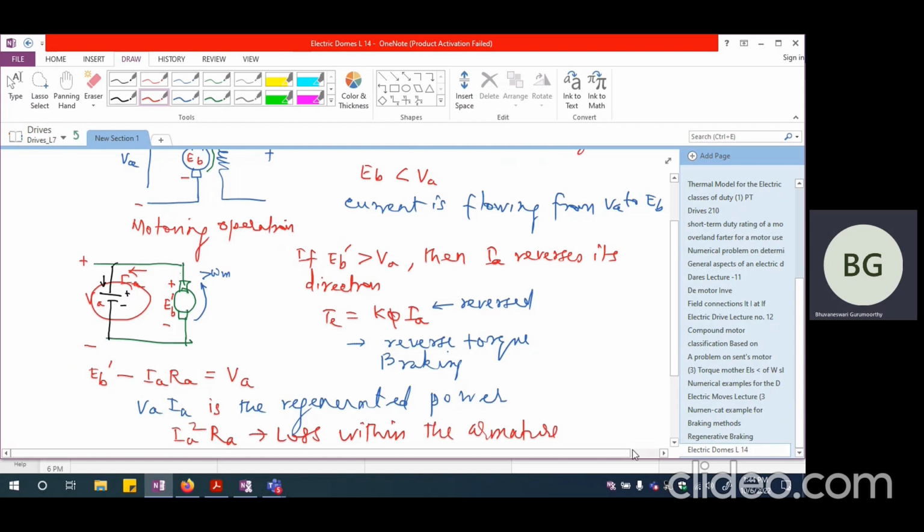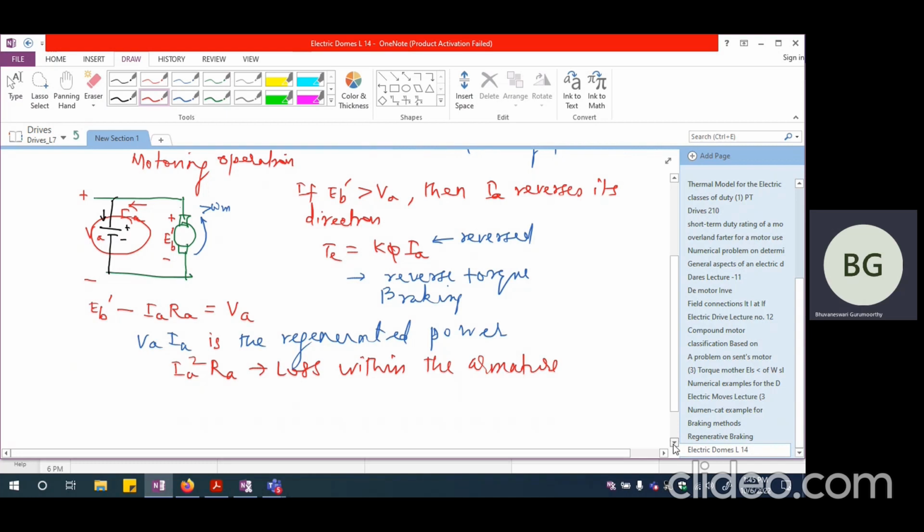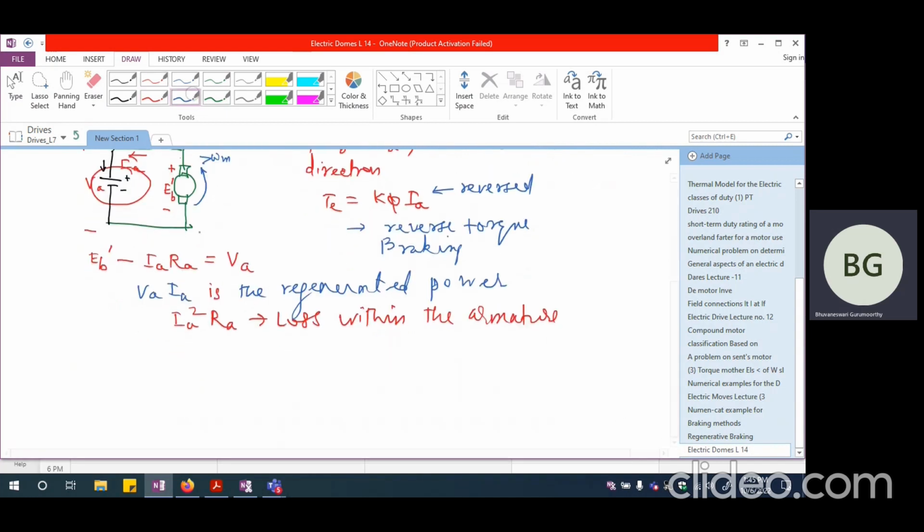So we said that this kind of regenerative braking with the fixed voltage can only allow reducing the speed to less than the no load speed, the moment it comes to the first quadrant of operation. So let us say this is TE and this is omega.